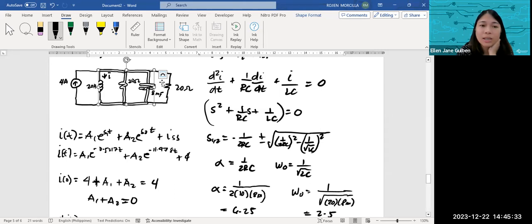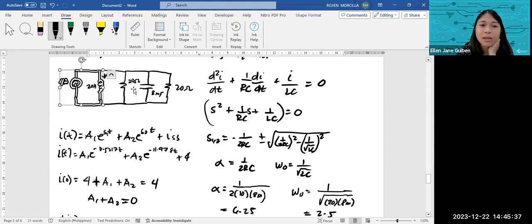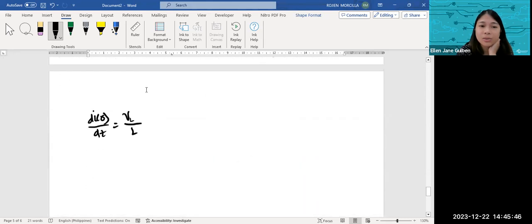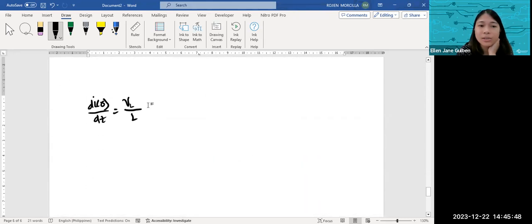Yes, the capacitor voltage stays the same. And now, at time 0, they are in parallel, meaning the voltage at our inductor is the same as the voltage in our capacitor. So we can just use this one and VL, where VL is equal to V0. So V0 is the capacitor voltage.